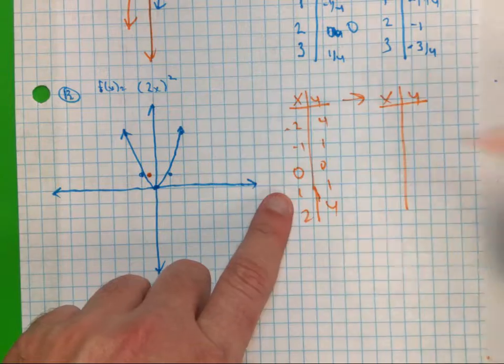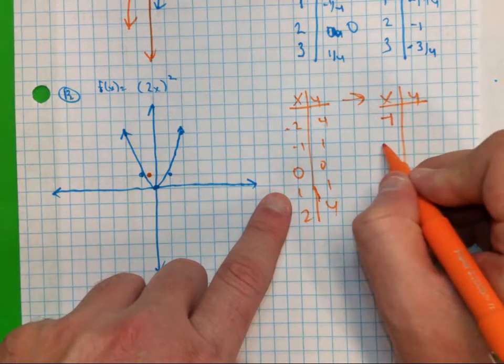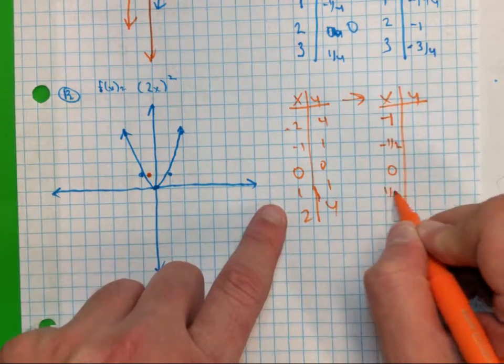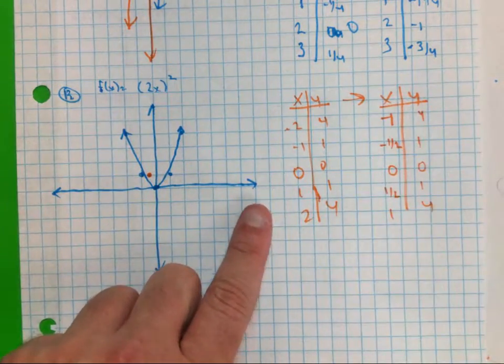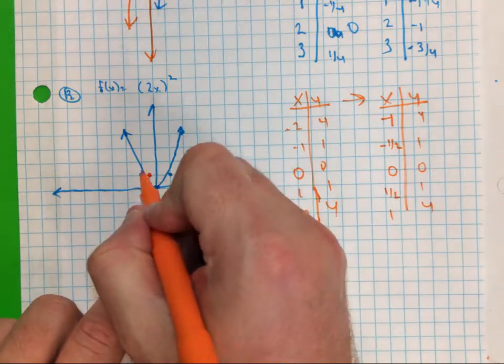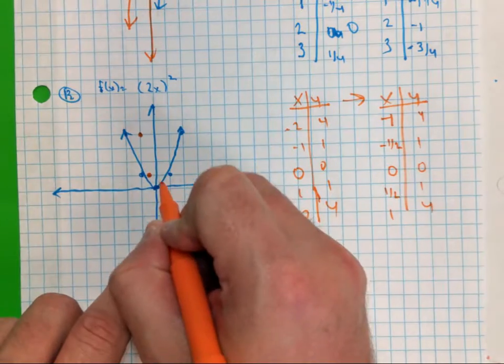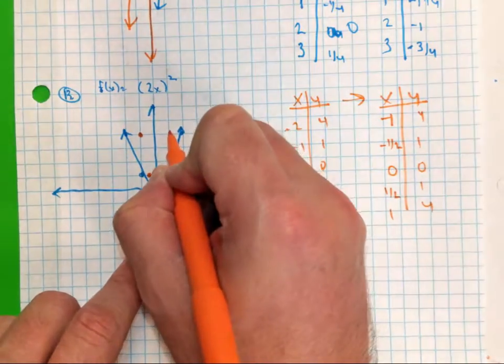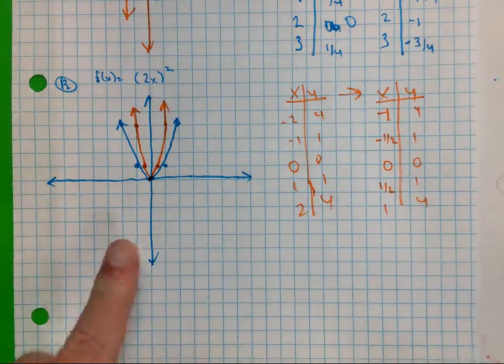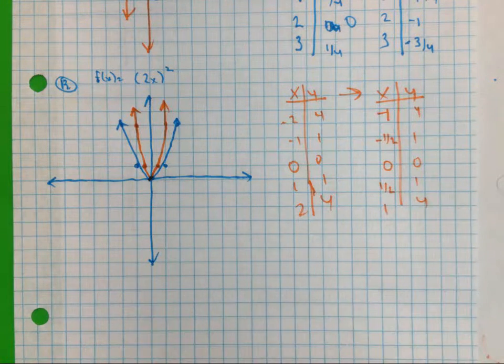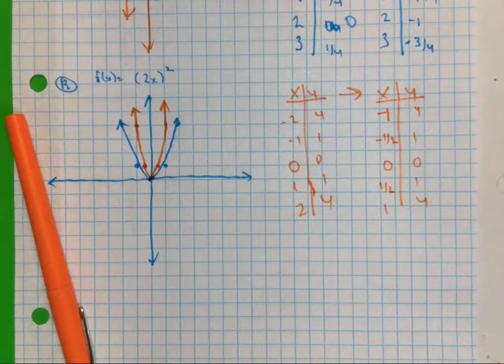I'm multiplying this by 1/2. So that's -1, -1/2, 0, 1/2, 1. Leave your y coordinates alone. And that is what I'm graphing. -1, 4. We have shrink by a factor 1/2 horizontally.